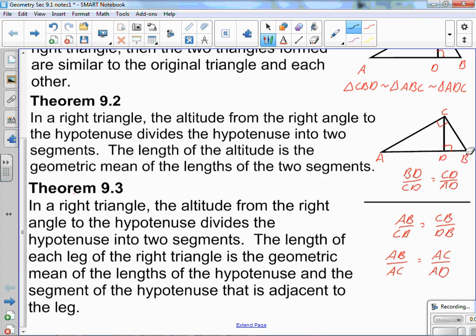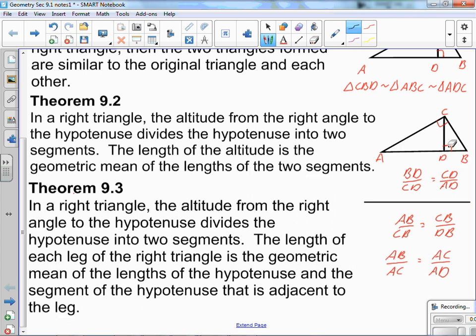So you take the whole hypotenuse, AB, and the part of the hypotenuse, AD, that is adjacent to CA. If you're looking at CB, it's a geometric mean with the whole hypotenuse AB and the part of the hypotenuse that's attached to CB, which is DB.